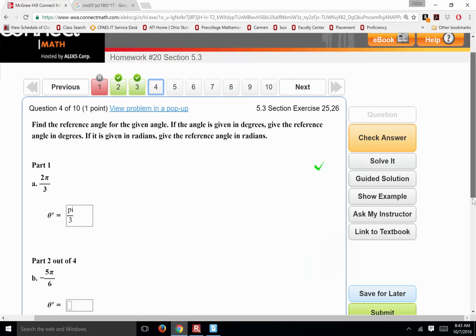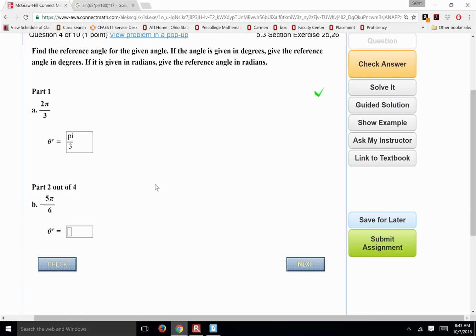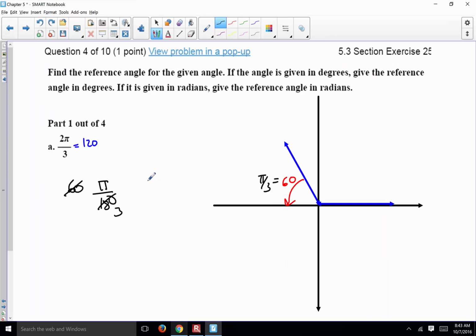Second, I will do one more and we are good. Negative 5 pi over 6. Negative 5 pi over 6 means we are going into counterclockwise direction. This is at 0. Negative pi is this. Look, negative pi is half turn. So negative 5 pi over 6 is a little bit short, I believe, but I need to make sure. So tell me what is minus 5 pi over 6.